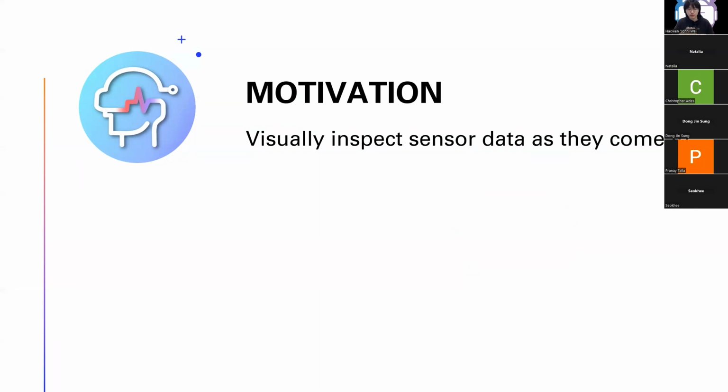So let's first discuss the motivation for building the platform. In many experiments, or while building a brain-computer interface or any application involving real-time data acquisition, it is important to visually inspect the sensor's data as it comes in. For instance, during a closed-loop brain-computer interface experiment, we might have EEG signals. Here we have the Unicorn Hybrid Black device that streams the EEG signals to our PC.